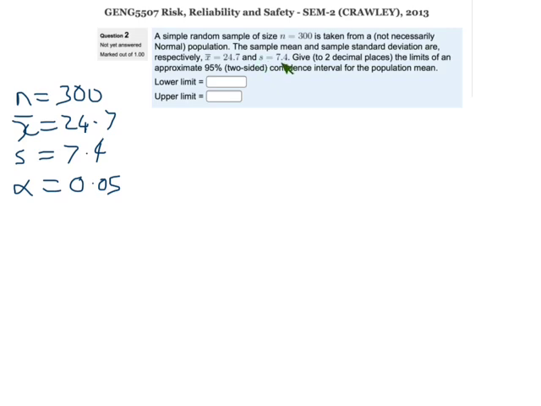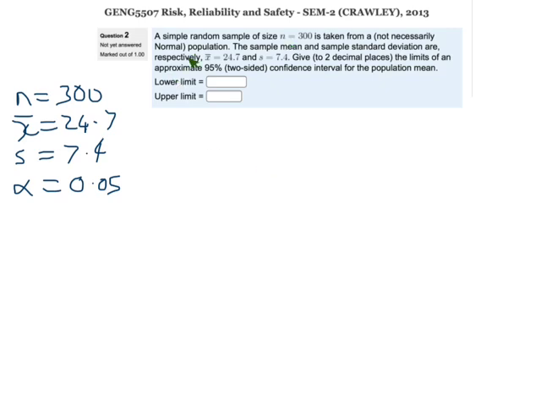In this case we've just been given the sample standard deviation, and so we know we're going to have to use probably a t-score. Now the t-score, you'll recall, gets closer and closer again to the z-score as the sample size goes up and up. So we say, oh okay, n equals 300, I can just use z. Well, actually the z is going to be a reasonable approximation again, but the t-score is still going to be the exact value.